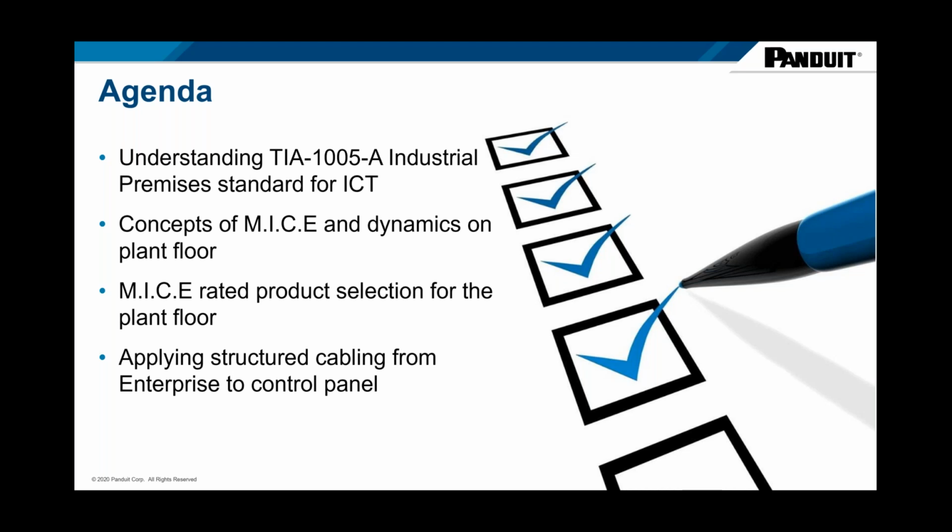In the second half of our presentation, Jim Davis from Fluke Networks is going to carry on that conversation with regard to the standard. He's going to be talking about testing and validating to that same TIA 1005A standard. So with that, I'm going to get moving here.